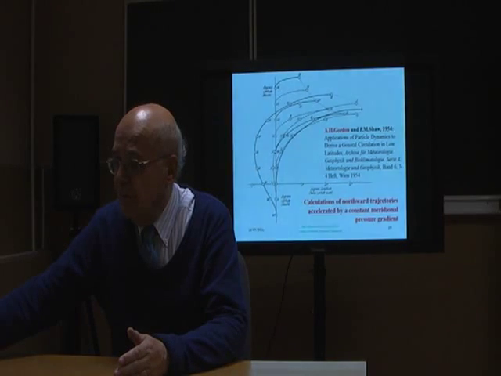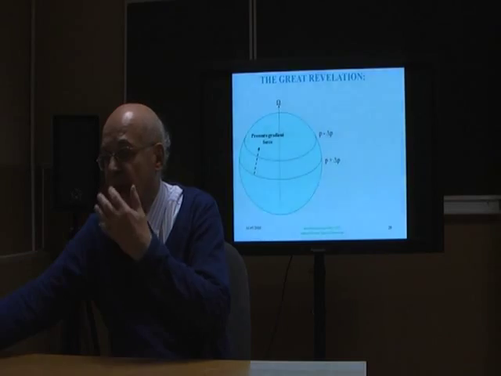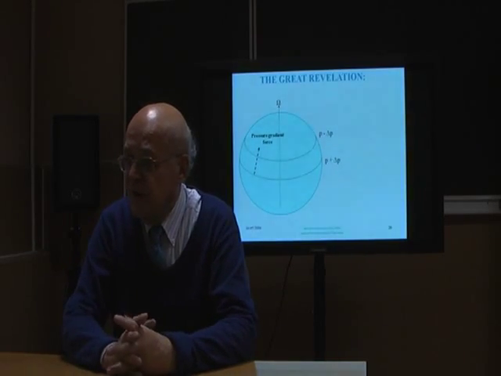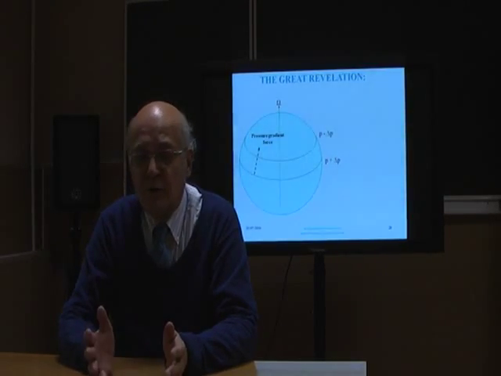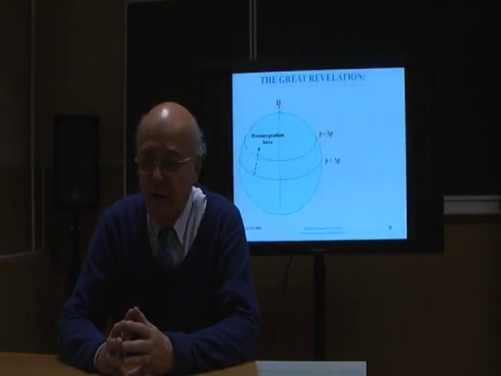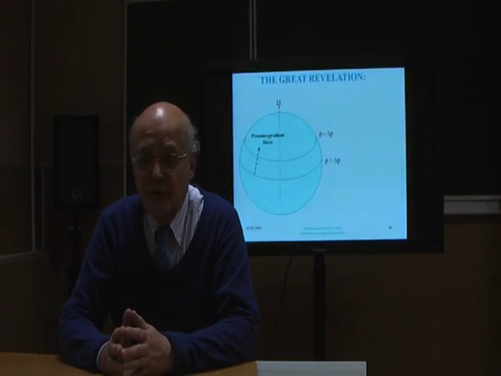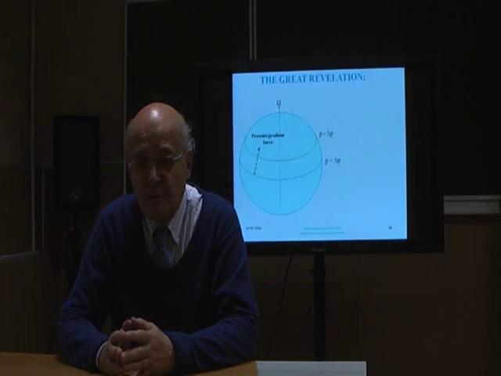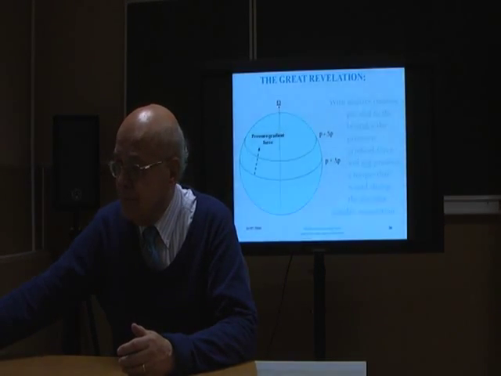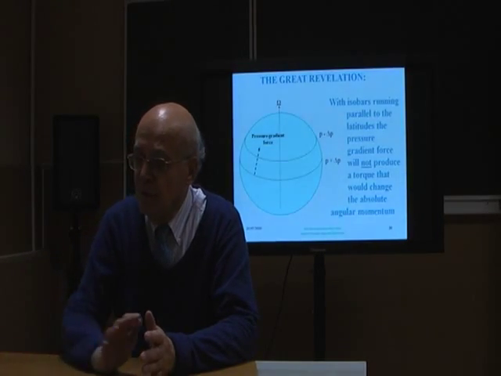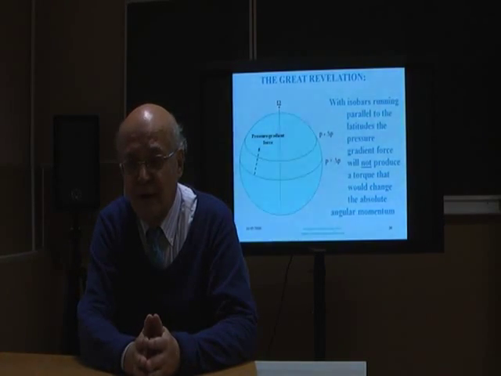But it's a very important result, because if the pressure gradient force is accelerating and the isobars are parallel to the latitudes, it means that the pressure gradient force is perpendicular to the east-west latitudes. And that means that this force has no effect on the angular momentum.